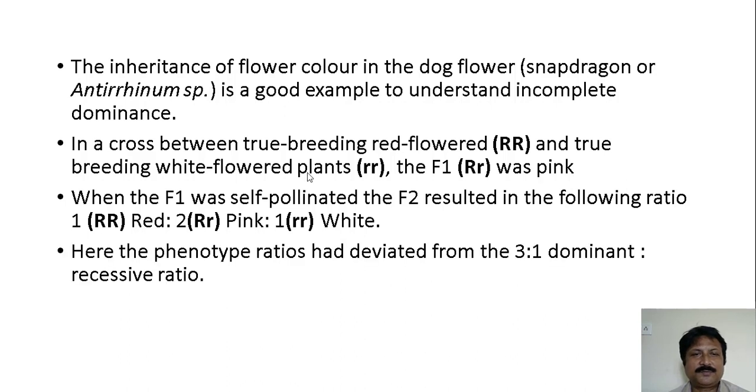Now when the F1 plants are self-pollinated to get F2, in Mendelism the F2 phenotypic result was 3:1 and the genotypic result was 1:2:1. Here a deviation has been found. What is the deviation? The F2 phenotypes are 1 red, 2 pink and 1 white. So this is a deviation from Mendelism.